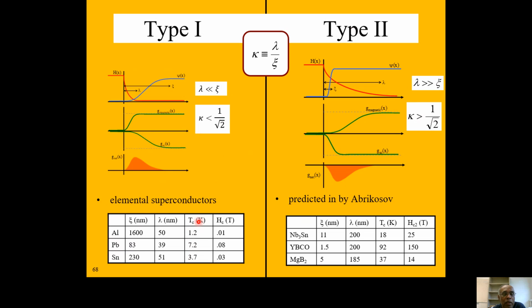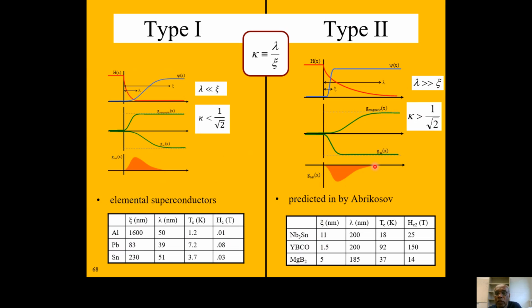But they have very small transition temperatures and also very small critical fields. Here we are talking about only one critical field, right? But if you look at type 2 superconductors, which were predicted by Abrikosov, these are mostly alloys, like YBCO, magnesium diboride, or even niobium tin. They have these vortices, right?